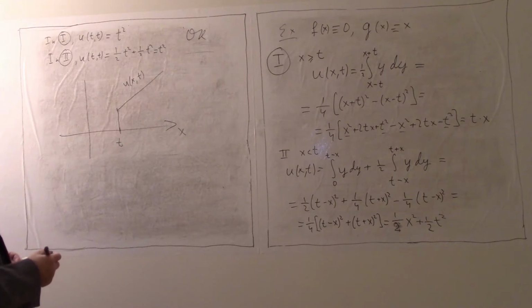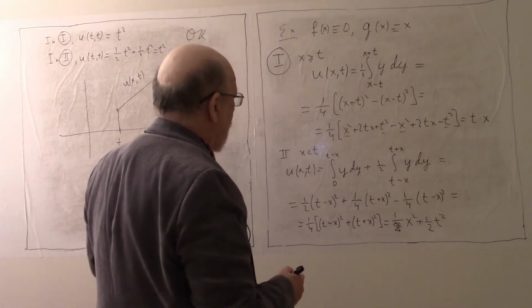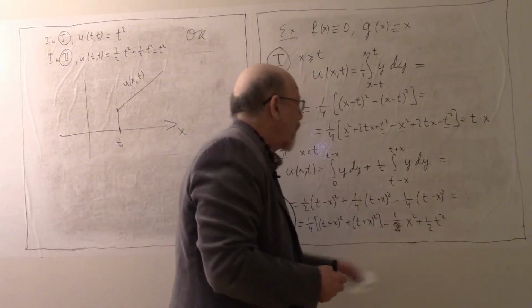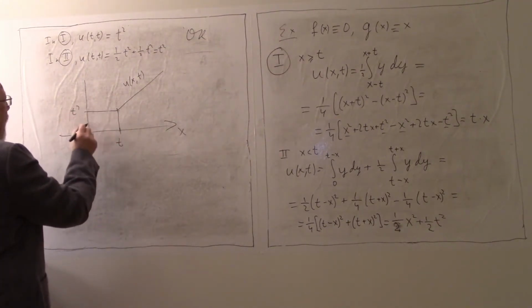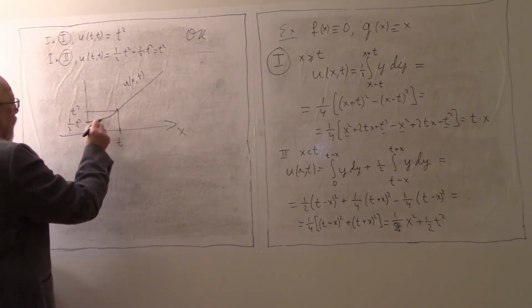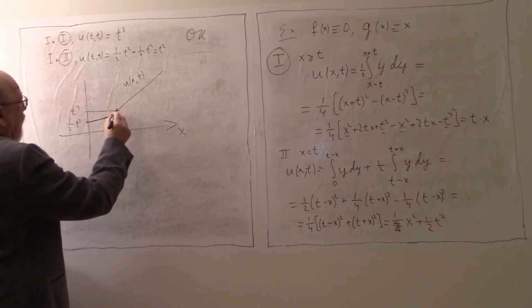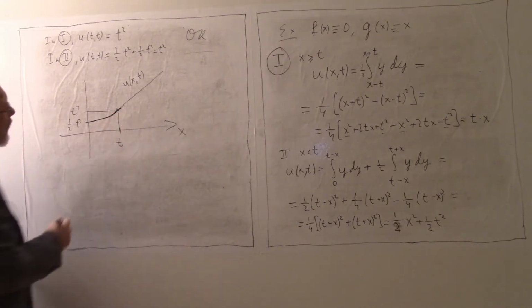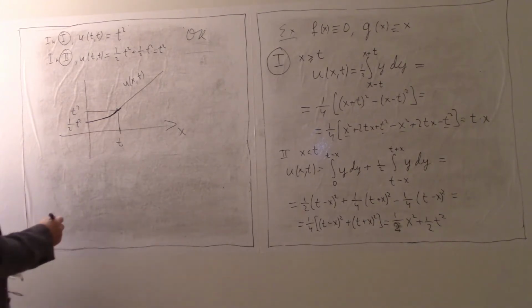For t less than x, it should be equal to 1/2 x squared plus 1/2 t squared. So it is 1/2 t squared. It is like this. So it is a piece of parabola, but here they have equal derivatives, so it conjugates smoothly. So this is the function solution, the graph of solution u of x, t.